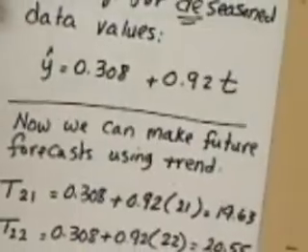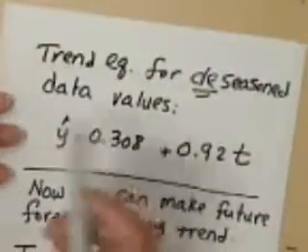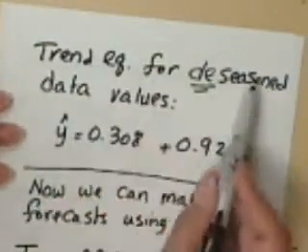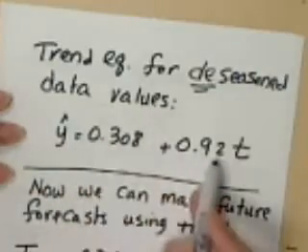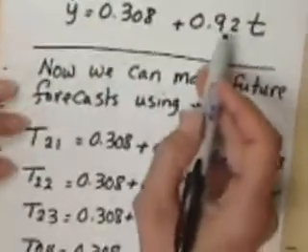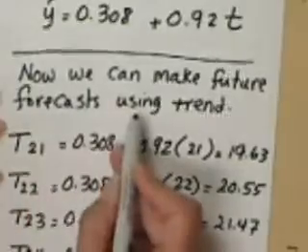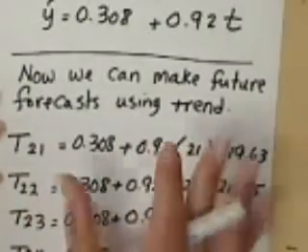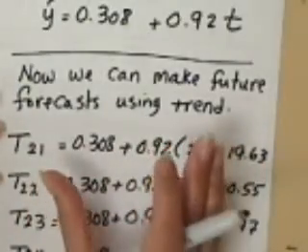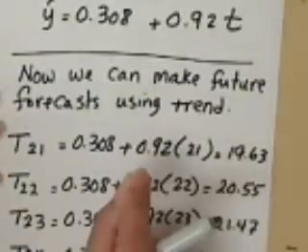But remember, these trend forecasts, okay, let's go ahead and do our trend equation. Our trend equation for the deseasonalized data values, I told you what that was. So now we can make future forecasts using trend. But remember, these forecasts that we make will only have trend in them.